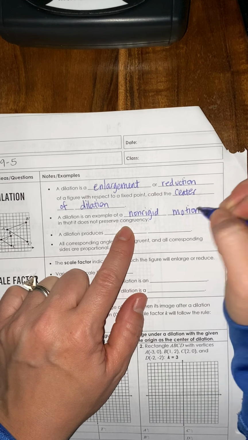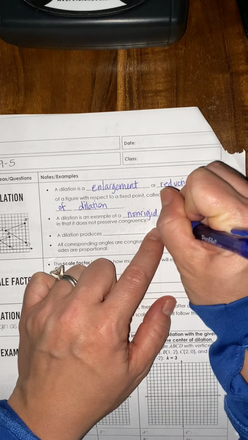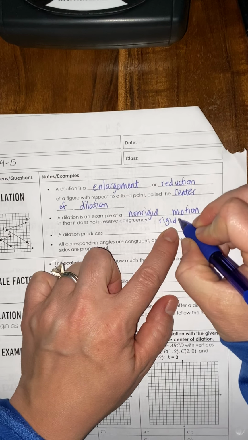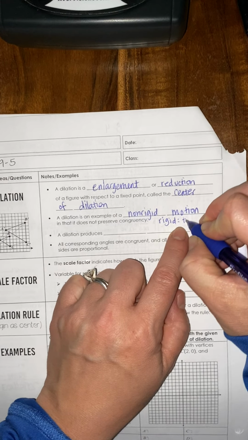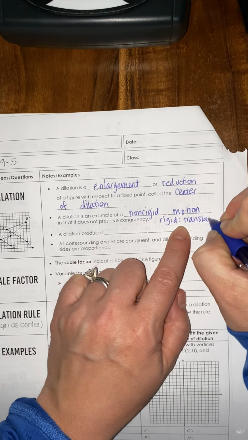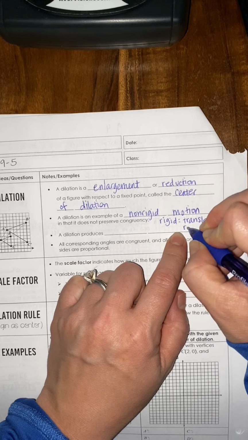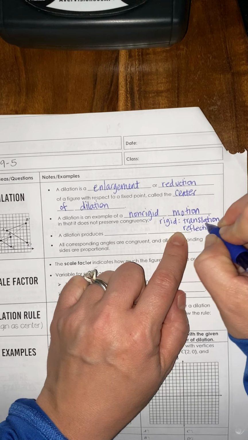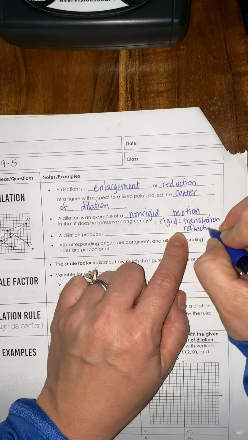That's what non-rigid means. The rigid ones were the translations, the reflections, and the rotations. And we've already covered those 3 things. Those were rigid. So take some time and write all this down. If you're behind, just hit pause and then come back to me.